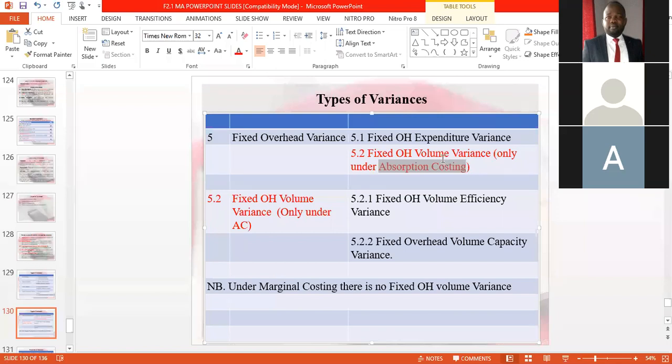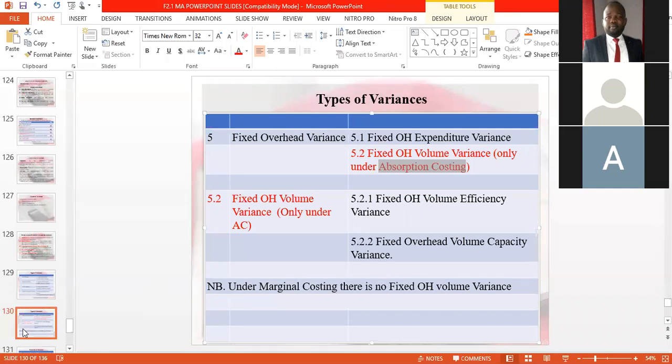Fixed overhead volume variance is subdivided into two: fixed overhead volume efficiency and fixed overhead volume capacity.